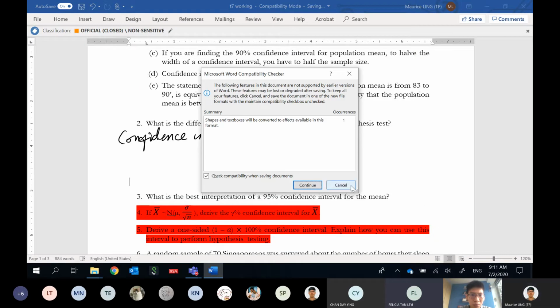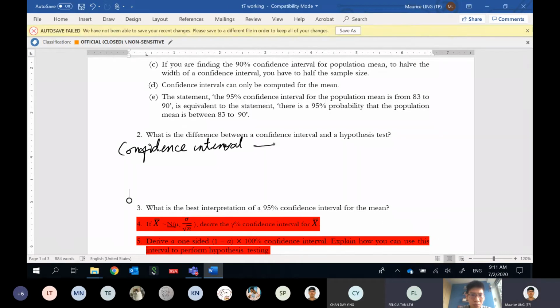All right. So a confidence interval provides you with a range of likely values for a parameter. Okay, that's correct.